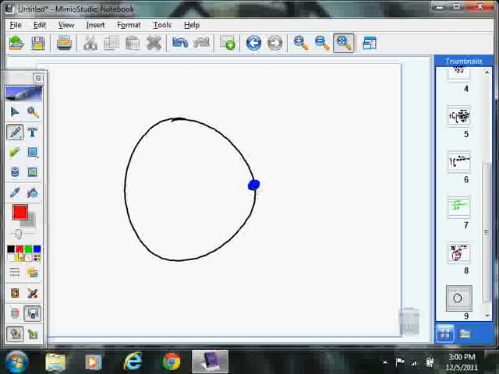When the object's here, it has the tension force acting in on it, and it has its weight force going down. But when the object's down here, it's got the tension in the stick pulling it up, but its weight force is acting straight down.